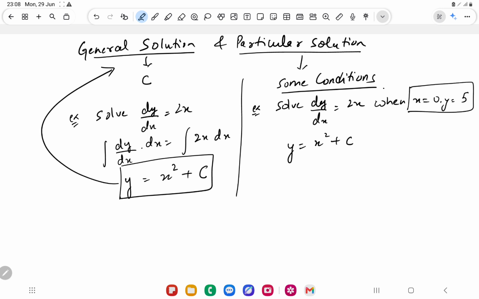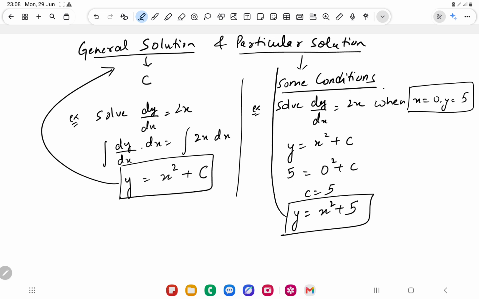Now we will use this condition. I will put y as 5, x as 0, so I will get my c as 5. So my solution will be x square plus 5. This becomes a particular solution because this condition is given. So this is a particular case apart from the general solution.